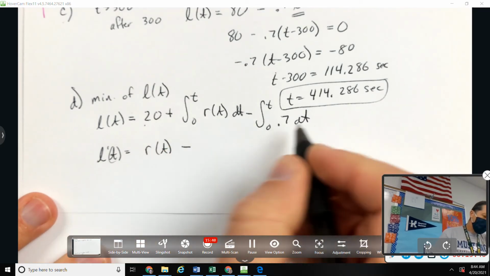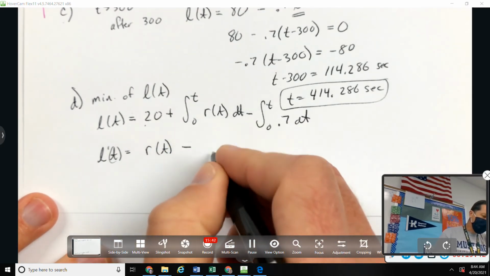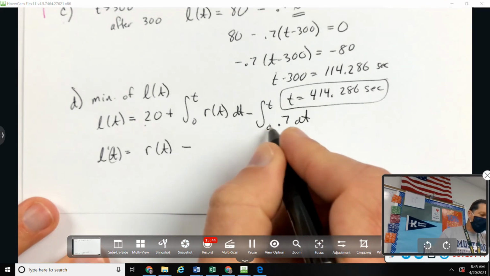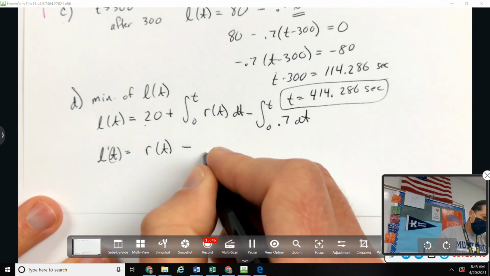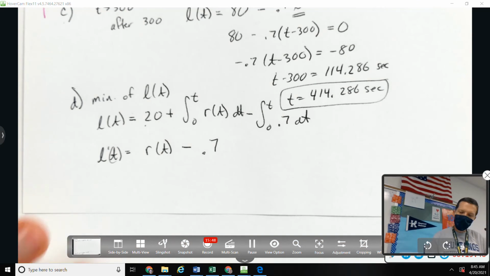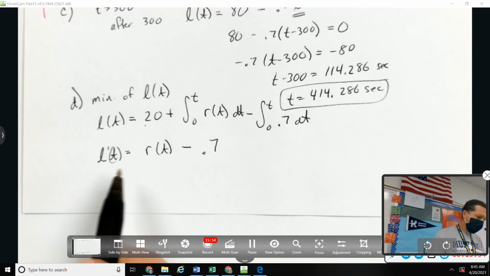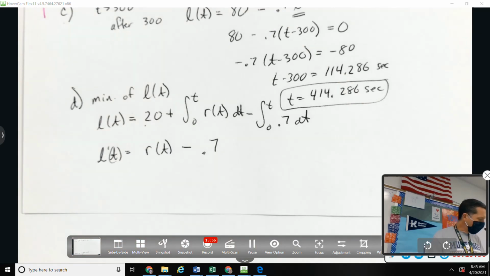And the derivative of the other integral would just be minus, we could say e of t, or we could just say minus 0.7, either one. And R of t is that weird thing up there.